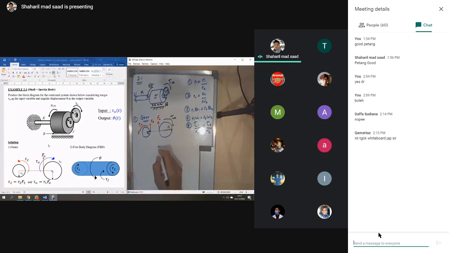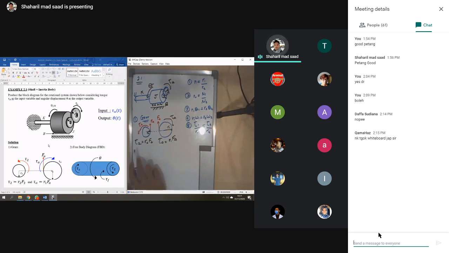So now, what is the relationship between these? You have TA equals R1 FA, and the other one is T2 equals R2 F2. FA and F2 are the same thing, remember?